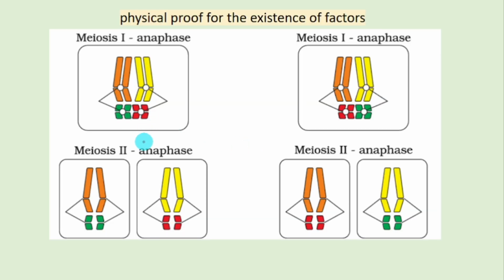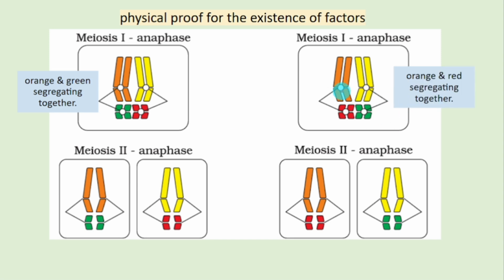See this image. Here you can see orange and yellow colored chromosome. So there are two different possibilities. In the first possibility, the orange will segregate with green. Okay, so you will have gametes with orange and green chromosomes. There is another possibility that the orange can segregate with red.